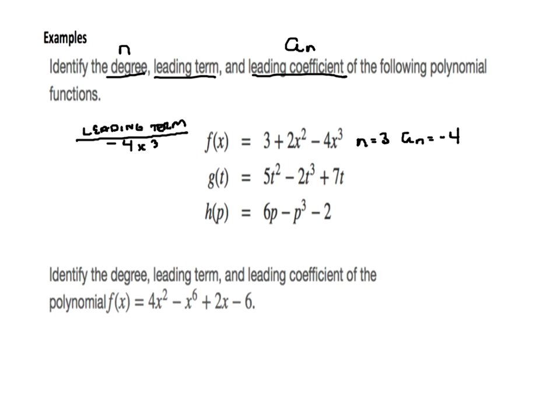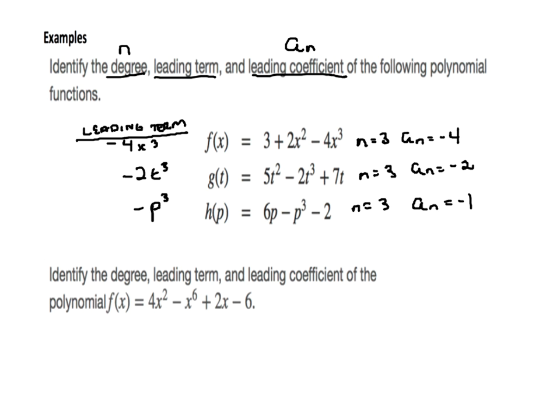So the leading term for g of t is -2t cubed. So n is also 3, and a sub n here is -2. And then finally, my leading term is -p cubed. So n is also 3 here, and a sub n is understood to be -1.